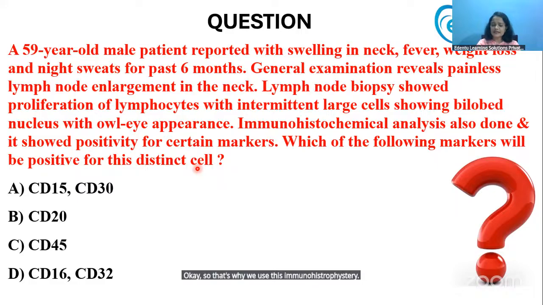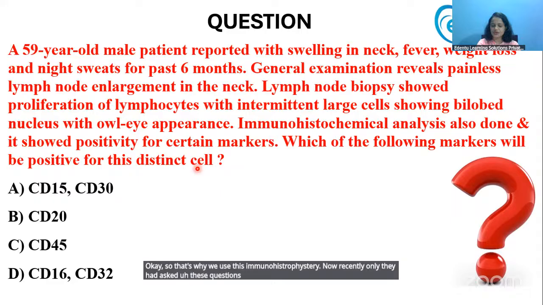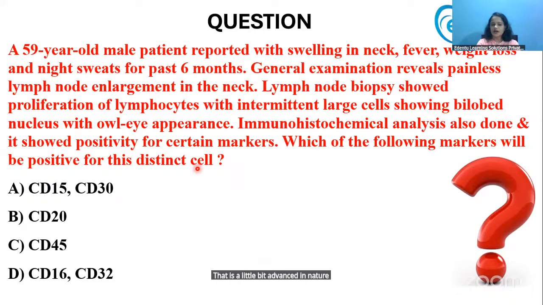Recently they have asked questions related to immunohistochemistry, like which type of markers can be seen. That is a little bit advanced in nature, but still you should know which markers are present for specific types of cells.